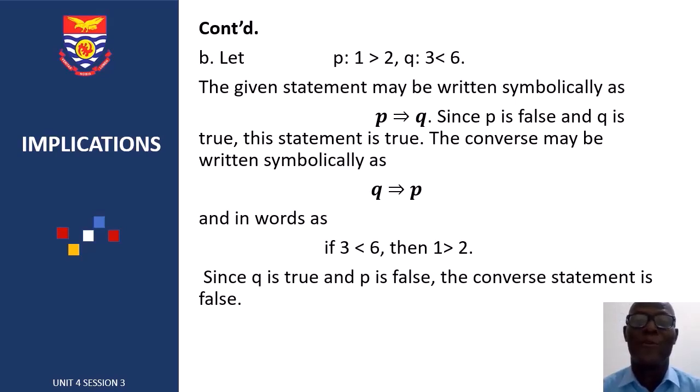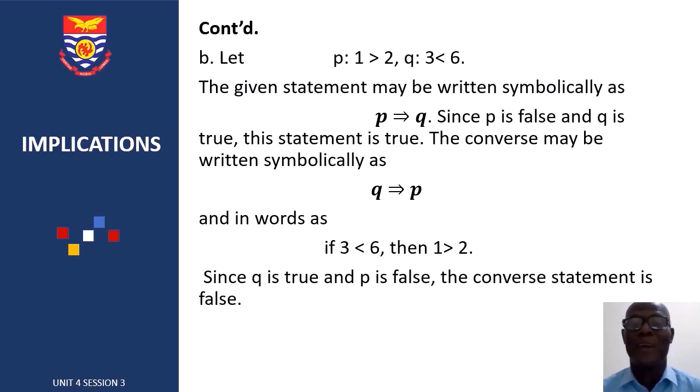In word form, we can write this as, if 1 is greater than 2, then 3 is less than 6. Now the converse may be written as Q implies P. That is, if 3 is less than 6, then 1 is greater than 2.